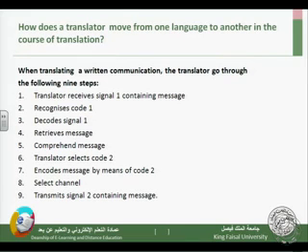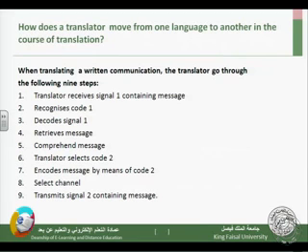Now the last 4, 6, 7, 8, 9 makes the translator different from the normal communicator. What the translator does, he selects code 2. In other words, he selects the code of the language number 2. If he is receiving a message or a code 1 from Arabic, then he has to select code 2 in English.